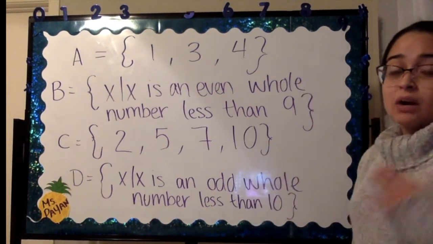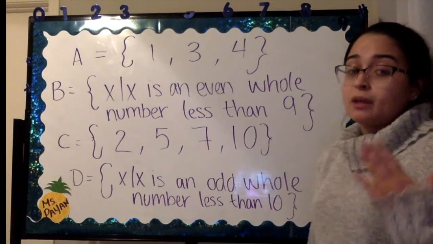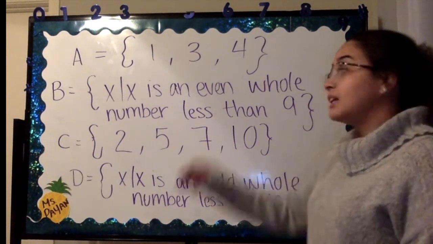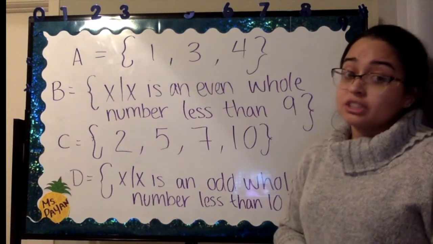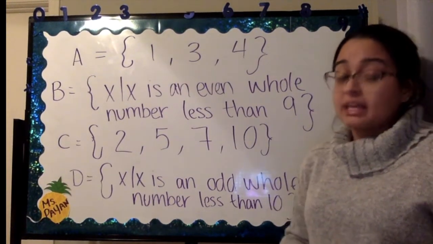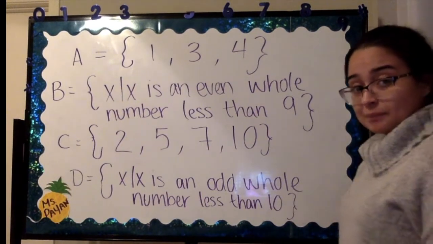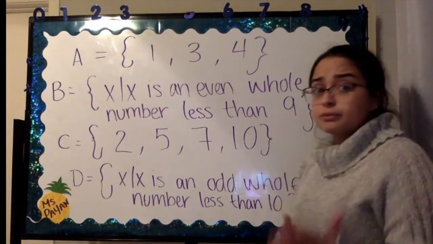Okay? Now, what are we going to be doing with that? We are going to be seeing if any of these sets are unions or intersections or just disjoint, that they have nothing in common. Okay? Now, let's refresh it real quick.